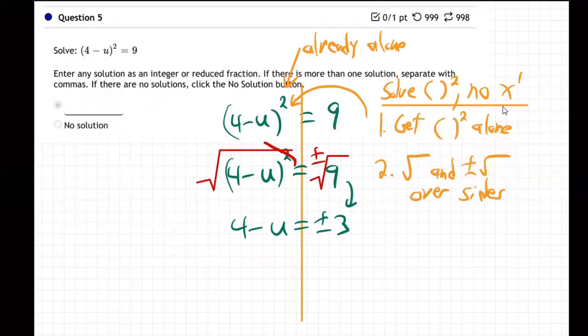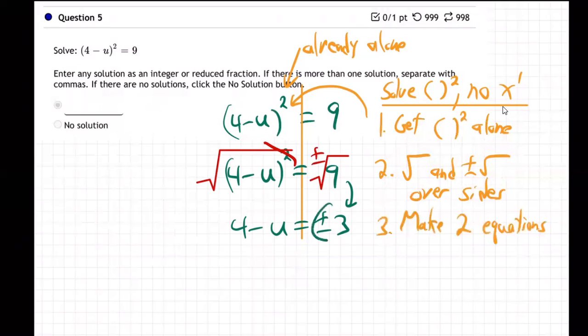Okay, now this is weird. What do we do now? Now break or make 2 equations. Make 2 equations. What am I talking about?